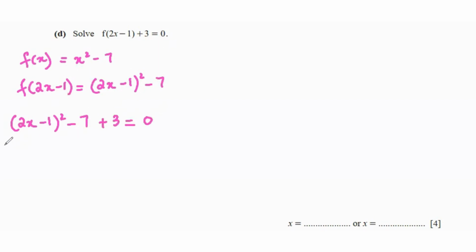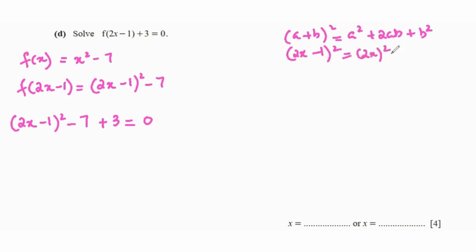Expand the bracket. So we can use a plus b whole square, which equals to a square plus 2ab plus b square. In this case, 2x minus 1 whole square is going to be 2x square minus 2 times 2x times 1 plus 1 square, which is 4x square minus 4x plus 1.